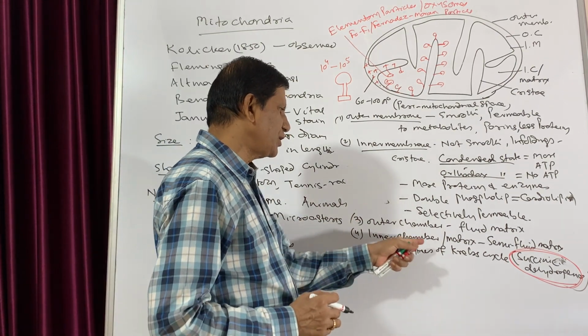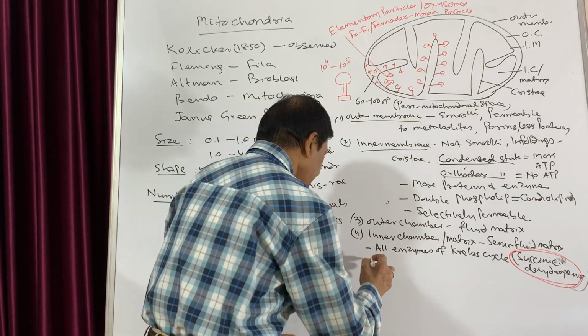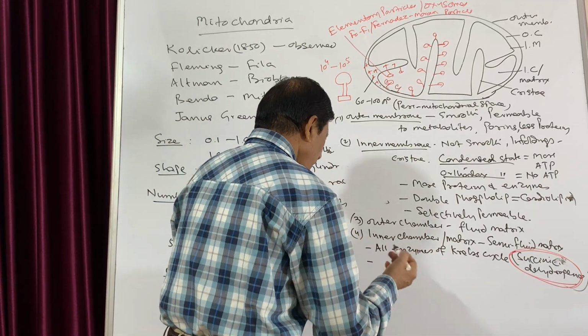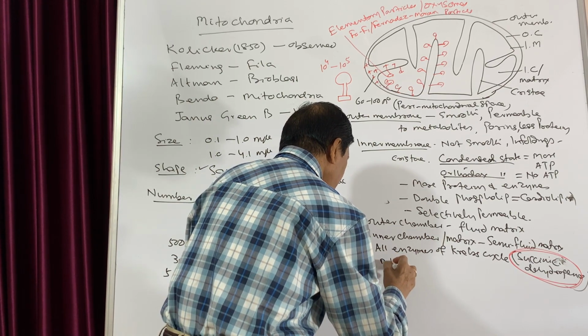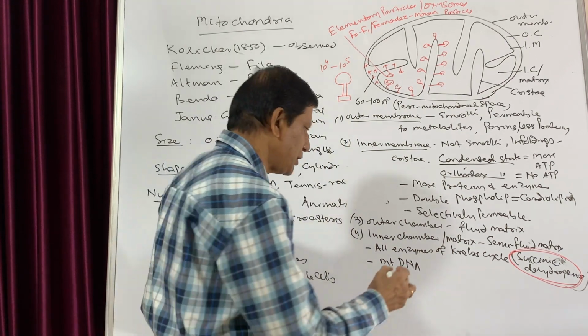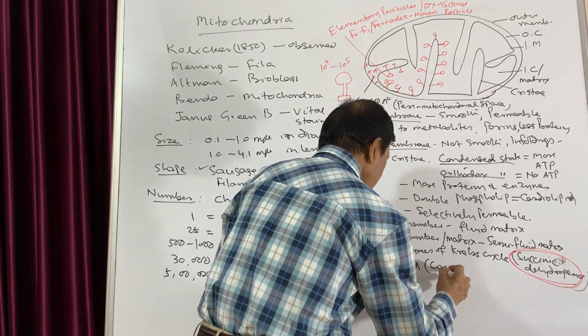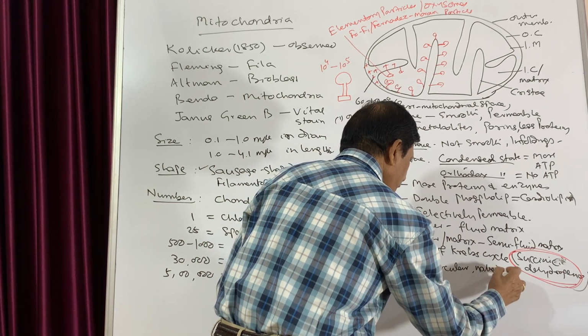In addition to all these enzymes and the fluid matrix, it also contains mitochondrial DNA, which is circular and naked, meaning no histone proteins.